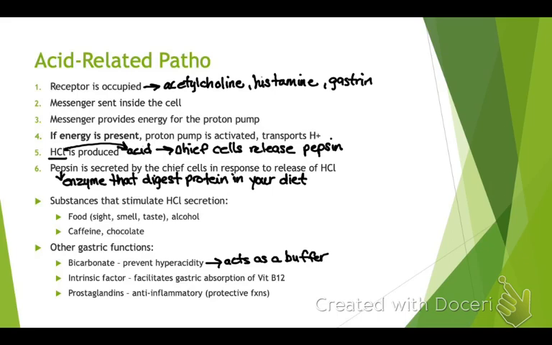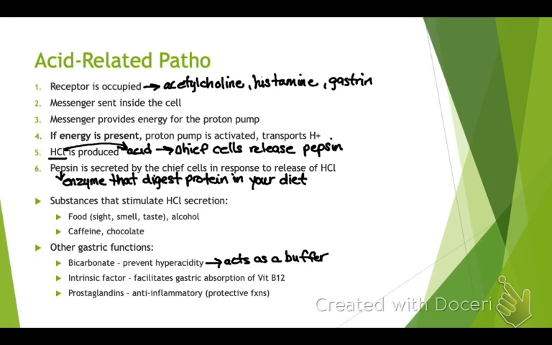The messenger is sent inside of the cell, and it then provides the energy for the proton pump. Once the energy is present, the proton pump is activated, which helps to transport the acid. The hydrochloric acid is then produced, which is your main acid of your stomach.